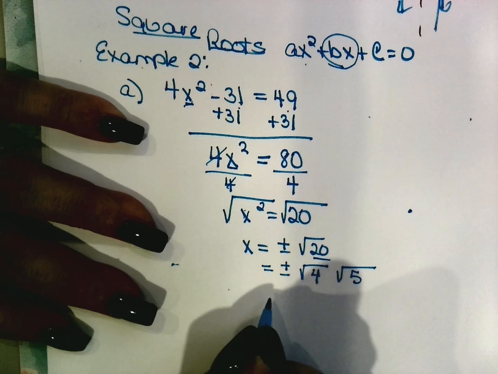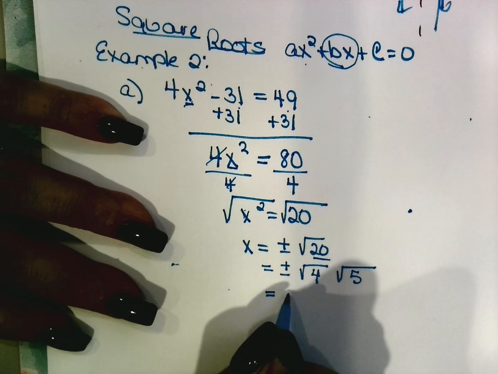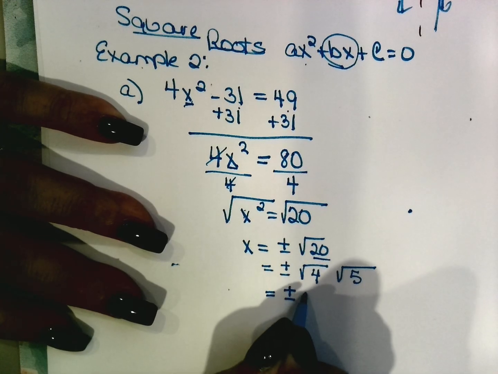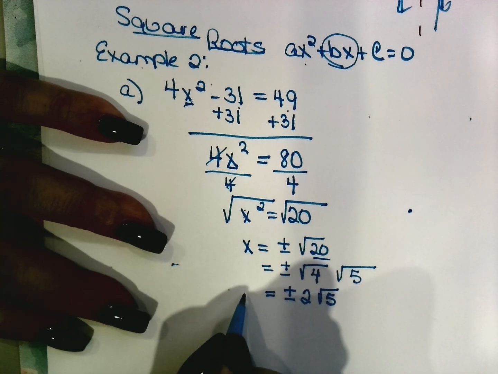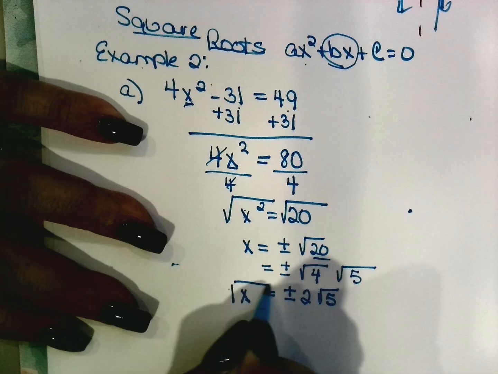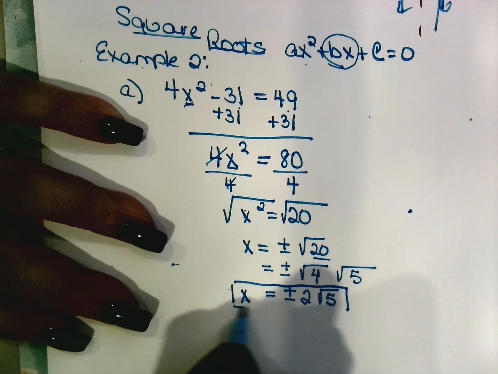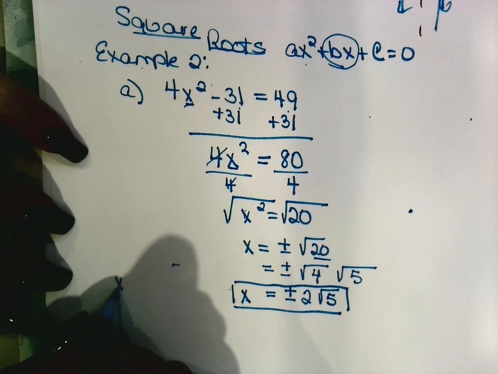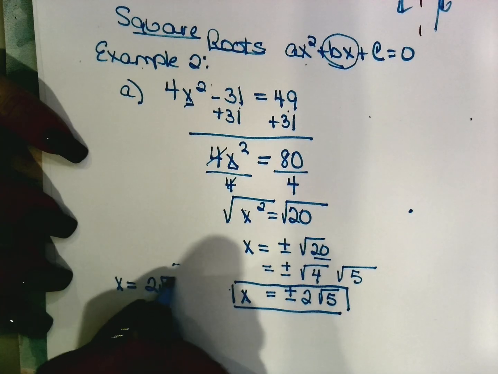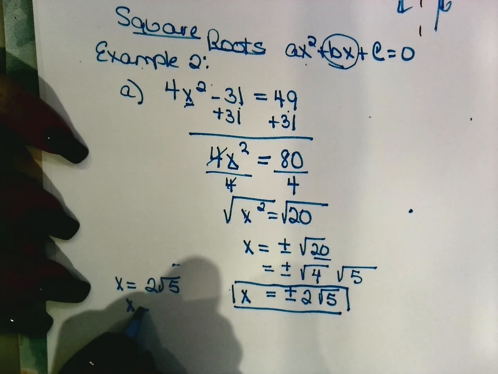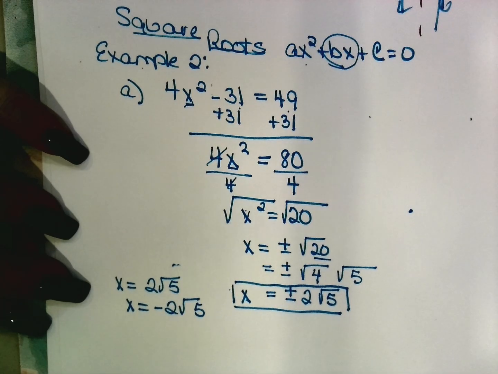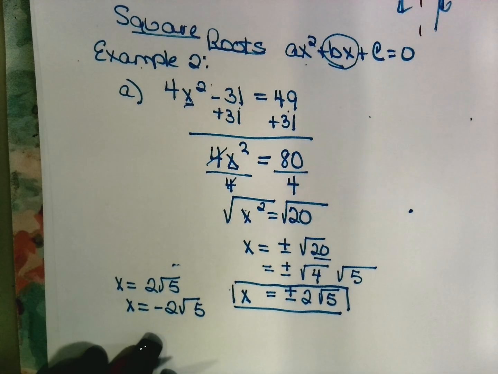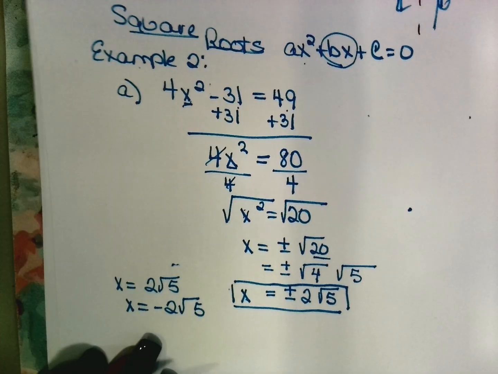What is nice about this is we can simplify the square root of 4, and that is just 2. So this is really just plus minus 2 square root of 5. So once again, you still have two answers. You have x equals positive 2 square root of 5 and x equals negative 2 square root of 5. All right? Okay, let's do another one.